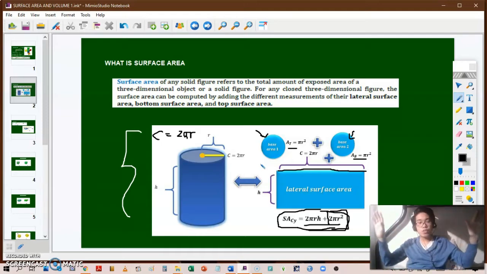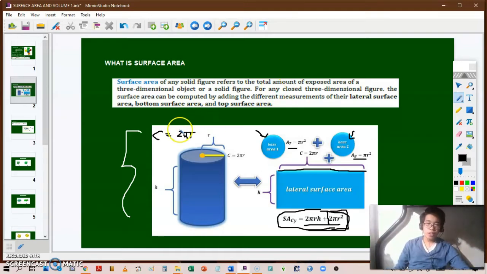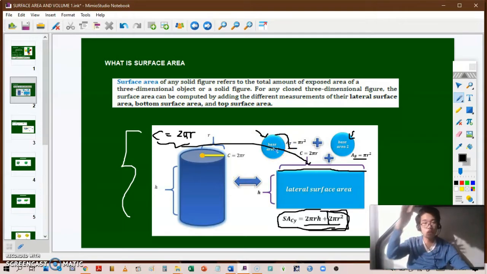The lateral surface area is the area on the sides, and base areas are the areas on the top and on the bottom of the cylinder. If you roll out the lateral surface area, this is the measurement of its side. So it's 2 pi r, which is the circumference of the base circles of the cylinder at the top and at the bottom.